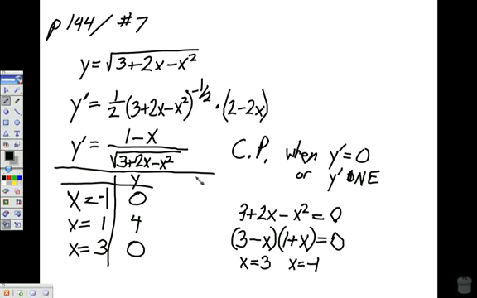So, what are our extreme values? Well, these are the only candidates for maxes and mins, and this one is the highest, so it must be a max. These two are the lowest, so they must be mins.